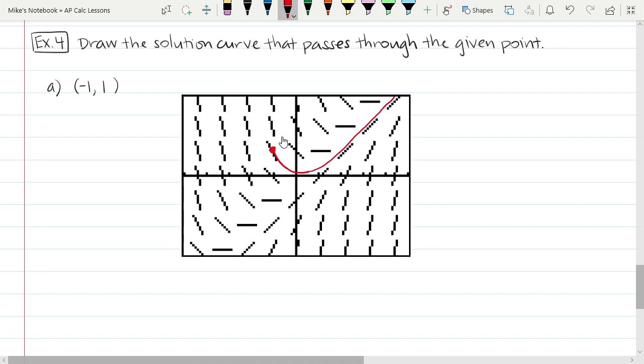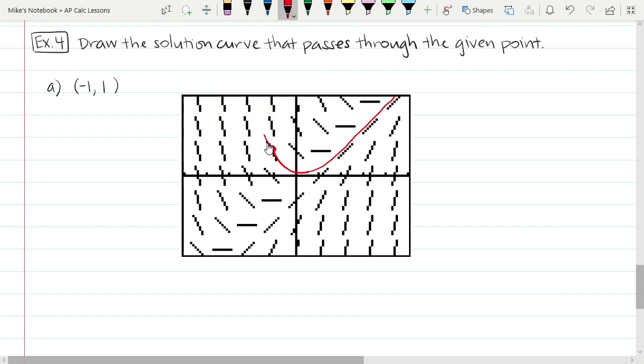Now, I'm going to go back to that original starting point, and now I'm going to go the other direction. Same thing. First, this segment is pushing me this way, but as I get up to this section, notice that it's pushing me slightly steeper. And then when I get above that, again, slightly steeper.